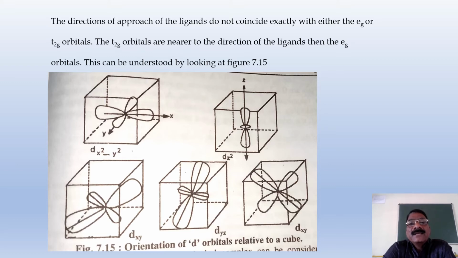The t2g orbitals are nearer to the directions of the ligands than the eg orbitals. This is shown in the figure, where you can see the lobe positions of the dx2-y2, dz2, dxy, dyz and dxz orbitals.